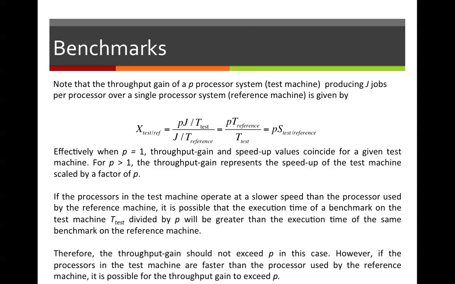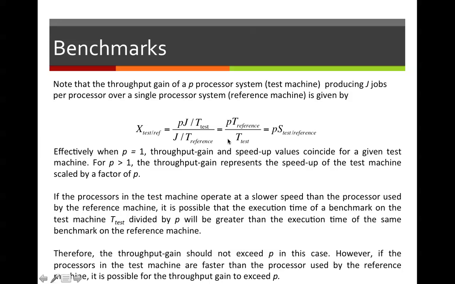Now, we could also relate things by way of Amdahl's law or Gene's law itself. If you remember, we had once written the throughput gain of two machines, test versus reference, as taking a task and scaling it P-fold, dividing it by the amount of time it takes to compute it, and then ratioing that to the throughput you get by having, let's say, J jobs taking T_ref time to do it.